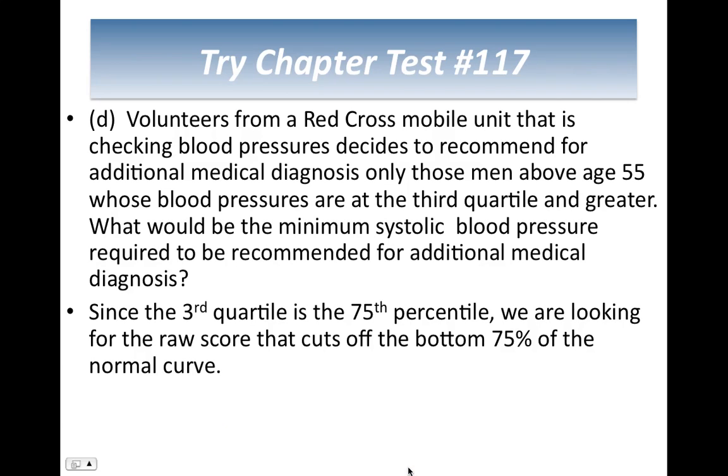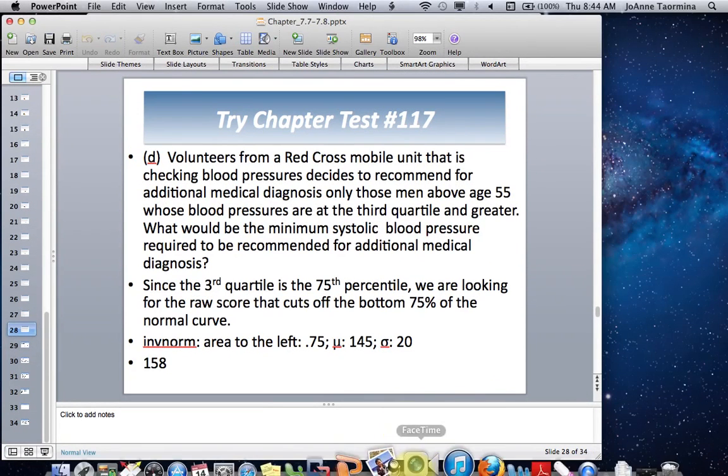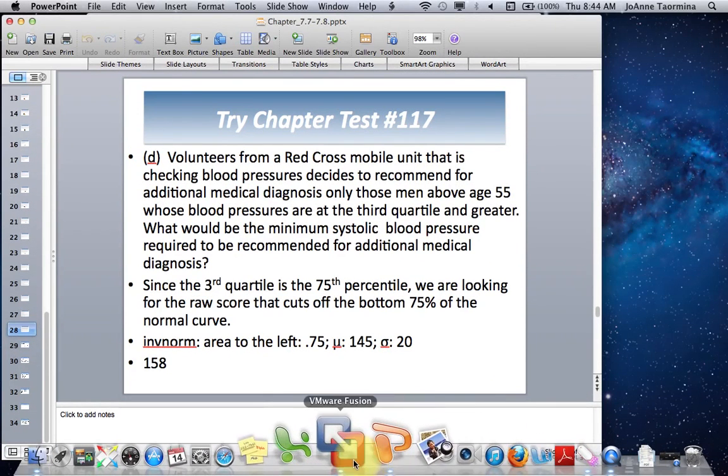This is exactly what you would use inverse norm for. The area to the left in inverse norm should be entered as 0.75. You enter the mean of 145 and the standard deviation of 20, and what you'll get when you hit enter is a raw score. Okay, 158. So let's do it and see if it works out.